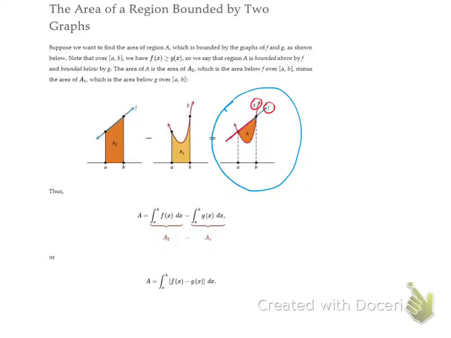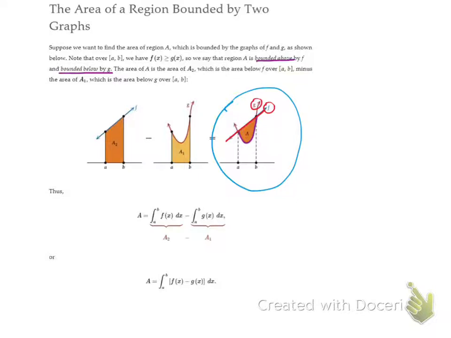And you can see that function f is greater than function g in this domain. So then we say that the region A is bounded above by f and below by g, because f of x is greater than g of x for this particular interval.